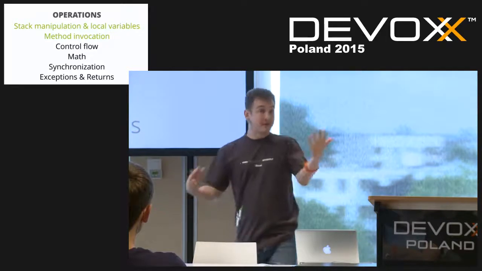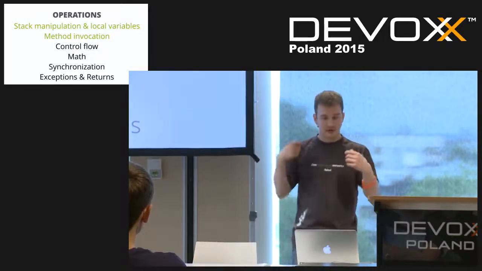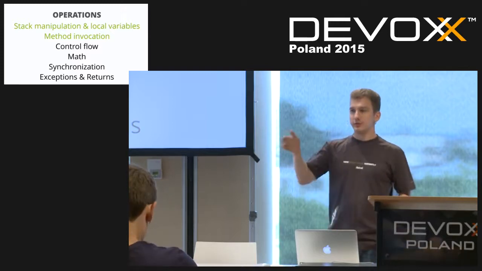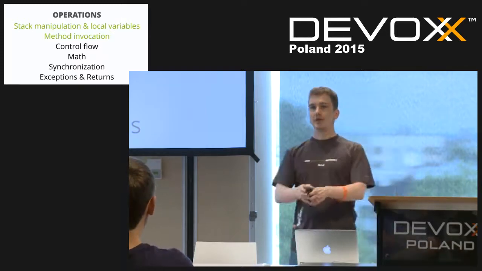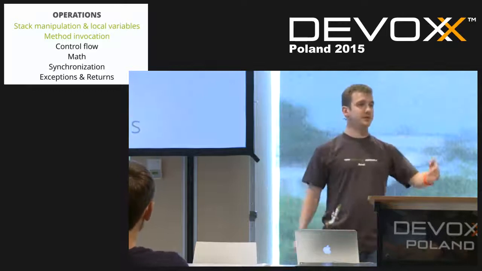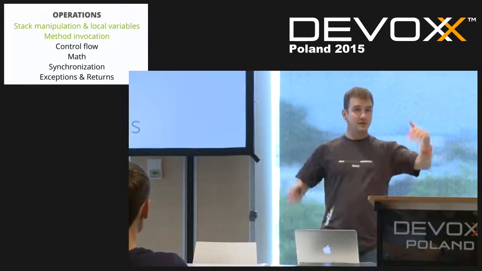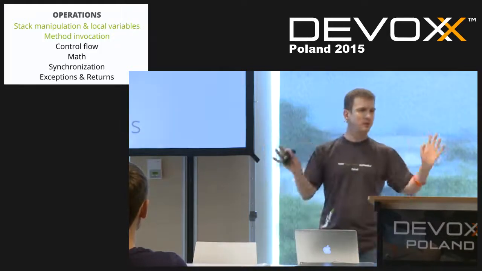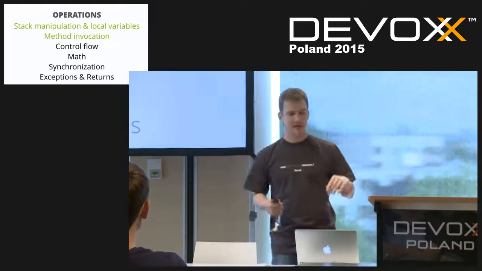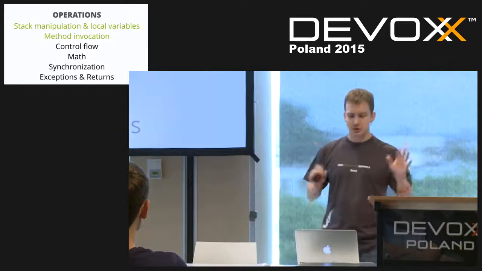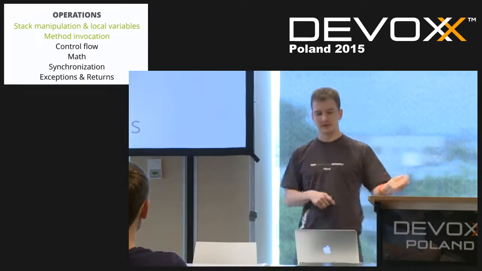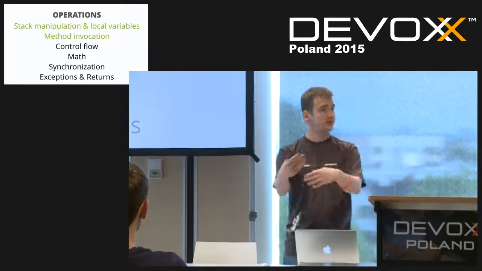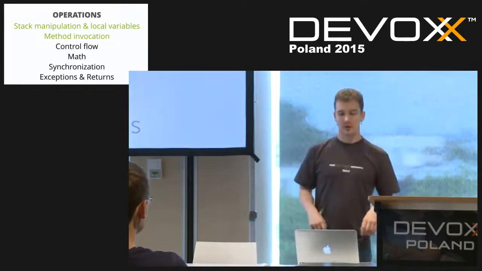In the bytecode, everything will be backward. And we need a magnitude of method invocation instructions to let the JVM know exactly how to process this method, because if you call a static method, the JVM will say, I know where the method is, I can link it statically, it never will change, let's inline this invocation. If it's not a static method, the JVM has to jump through hoops and figure out something more.